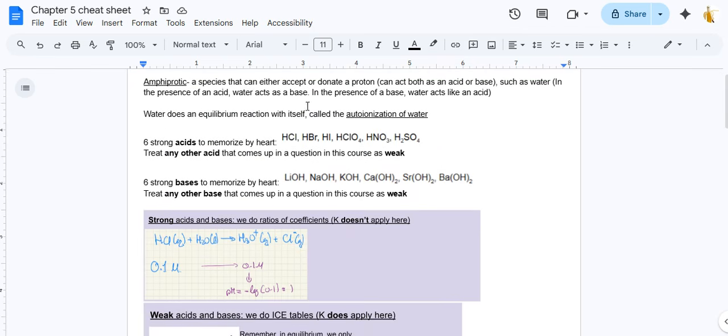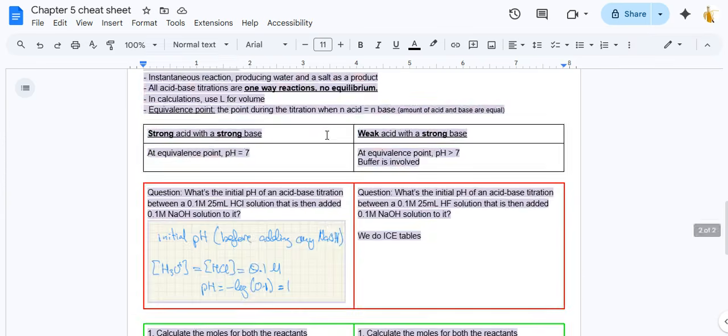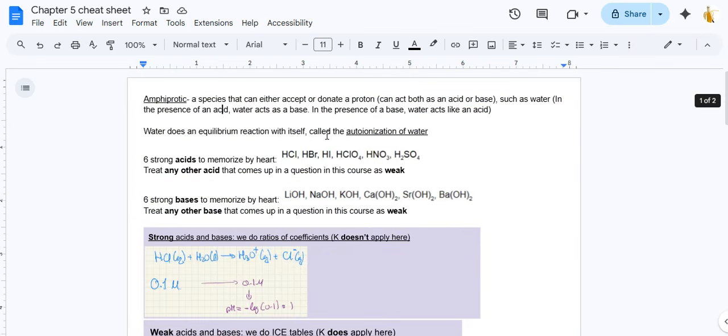So one more time, if I'm able to do the PLTR questions and practice exam questions only using this 1.5 pages, then if I only memorize this 1.5 pages, I'll be good on the exam. That's how I do it.